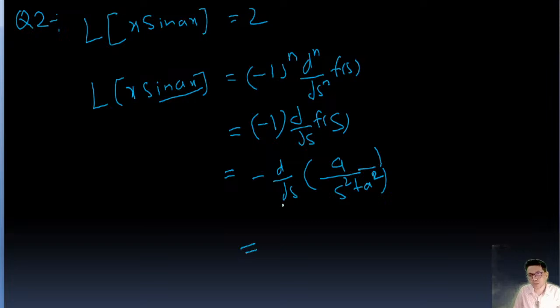So this is going to be minus d upon ds. Now we'll differentiate it. Okay, so minus a we will take common. This is d upon ds, and this is how we are going to solve it. We can say s square plus a square is t, so we can write it like this: s square plus a square to the power 1. Okay, the simple differentiation.